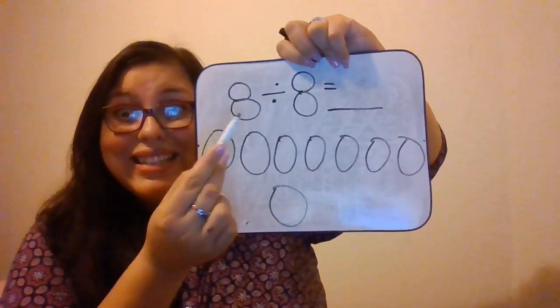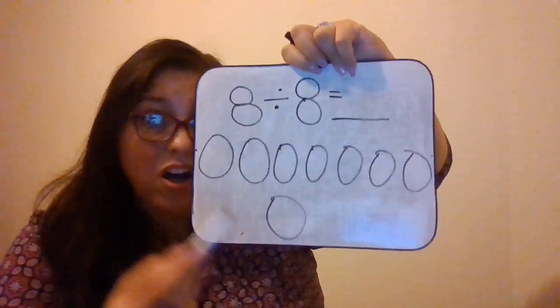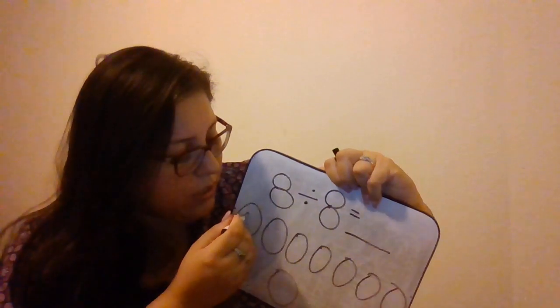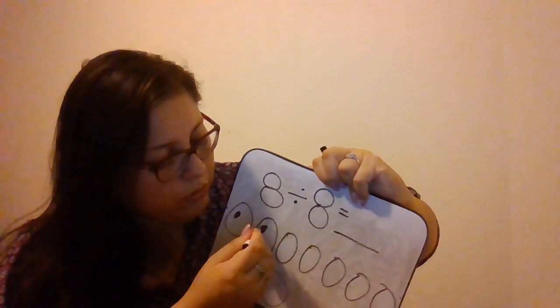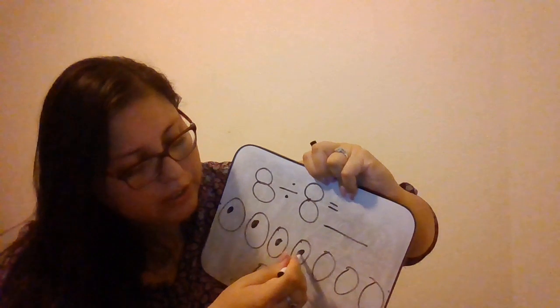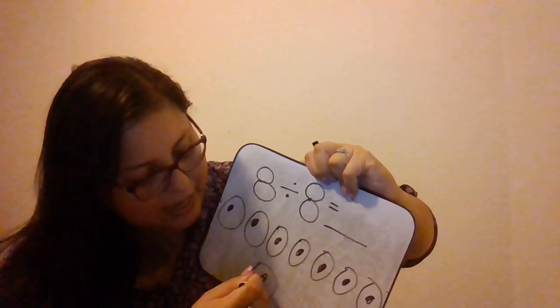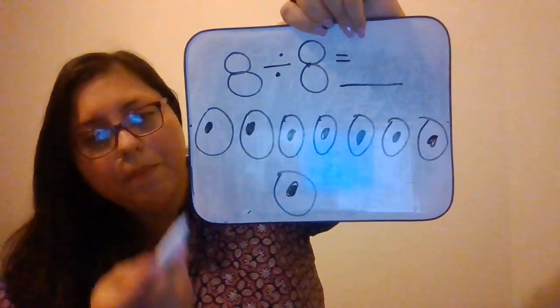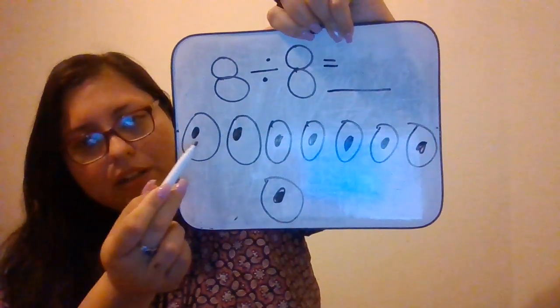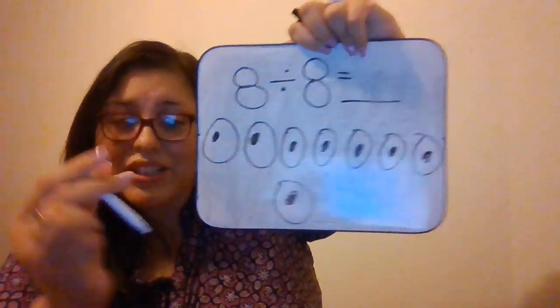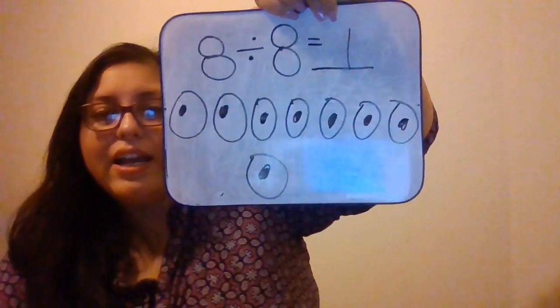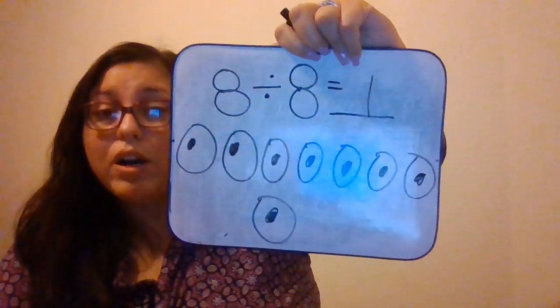Now we have 8 counters to give all of them. So I'm going to give all of them 1 first. 1, 2, 3, 4, 5, 6, 7, 8. So how many inside each one? 1. So I know 8 divided by 8 equals 1.